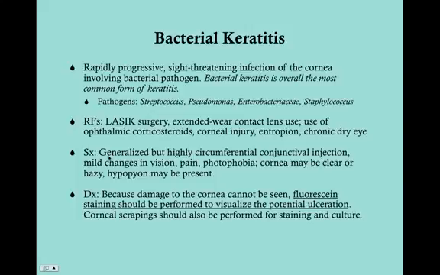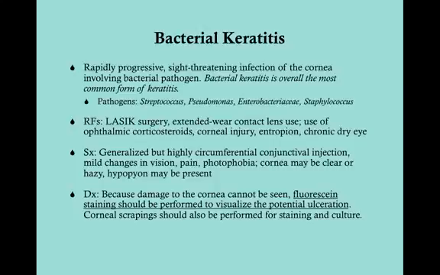So, the symptoms of bacterial keratitis are, as mentioned earlier, you're going to have conjunctival injection, that eye redness. That redness is slightly different than the redness that you see with conjunctivitis. With conjunctivitis, you have a very generalized redness, and it looks the same anywhere on the whites of the eye.